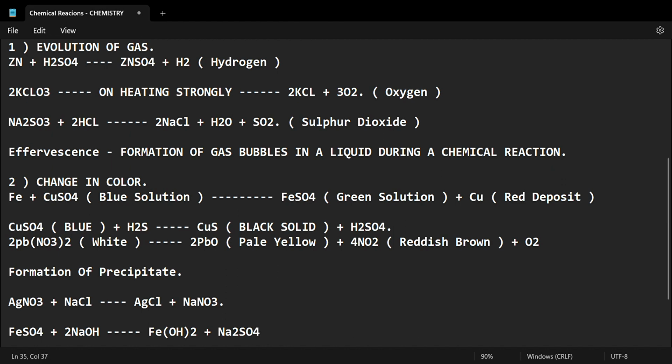So this is the second formula which you will see right here.